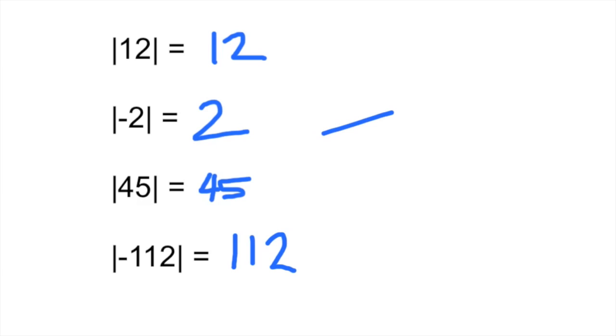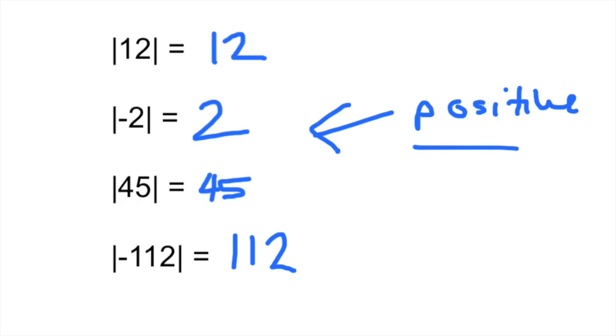So you can notice that all these numbers end up being positive. And the reason why this is important is later on we're going to use this idea of absolute values and the magnitude of a number to add and subtract positive and negative numbers, to add and subtract integers.